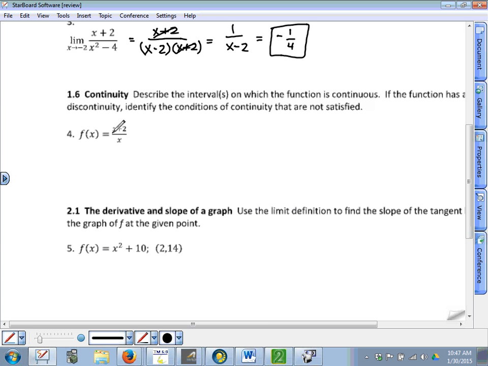So on question 4, x plus 2 over x cannot equal 0. So if we were to graph this function, there would be no x values of 0 on the function. That's a discontinuity. It happens to be a vertical asymptote. So we would say there's a discontinuity at x equals 0.